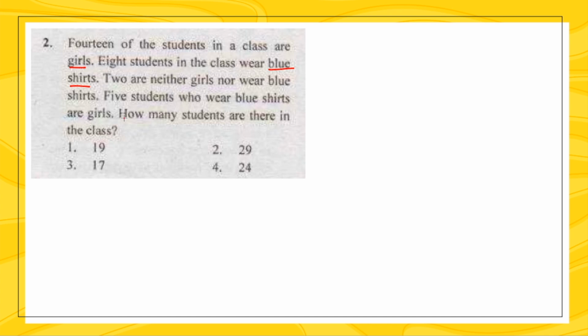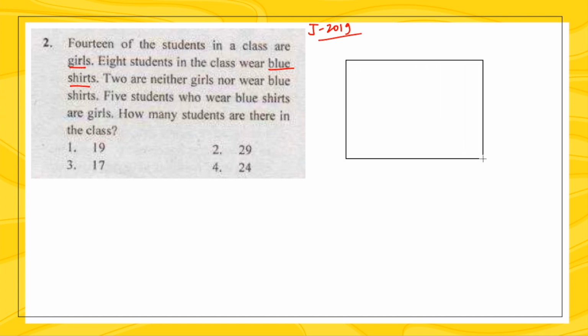Now see, there are 2 parameters over here. There is no Venn diagram in this question, but you have to see. This was asked in CSIR June 2019 exam. Okay, so it says 14 of the students in the class are girls. First of all, let me draw a rough Venn diagram for this.